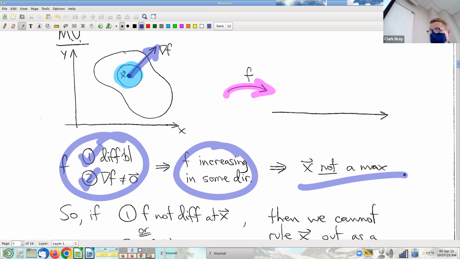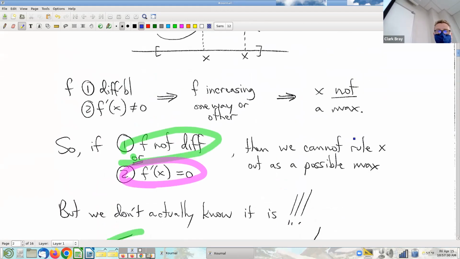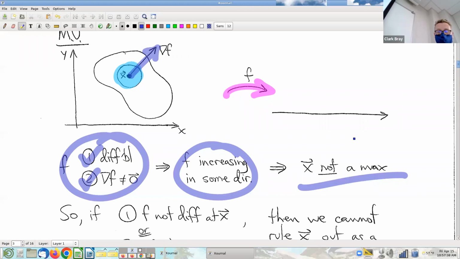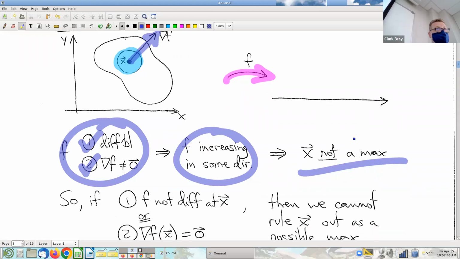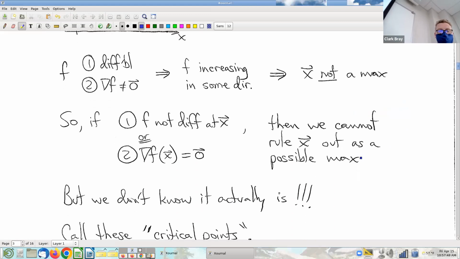Right? So process of elimination again. Now, again, notice the layout on the page is deliberately identical to the layout on the page here. Side note, I did draw a graph, but in terms of the argument, identical argument. So we get the same sort of upshot. Again, we can eliminate most points.